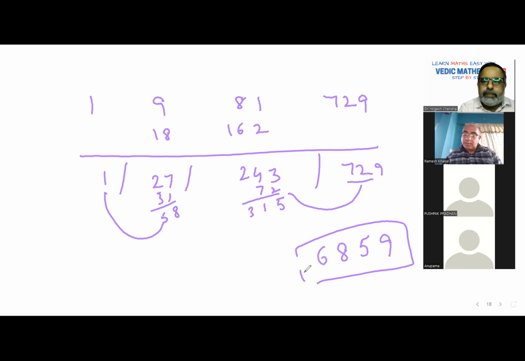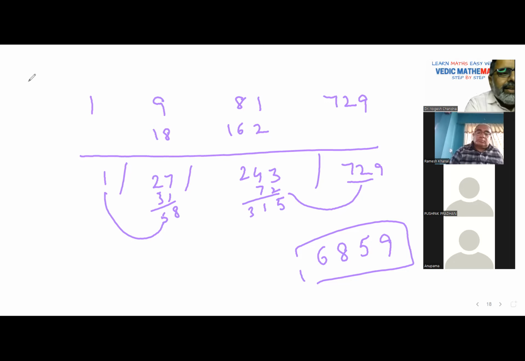All clear. What is 13 cube? I asked you one question. 2197. Okay. Done.